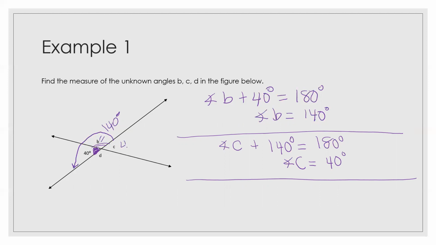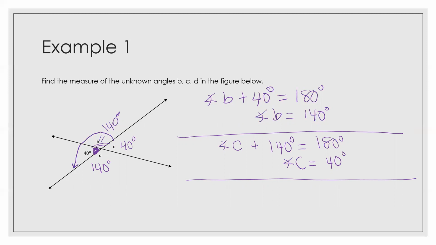That's this one right here, and that's 40 degrees. The same argument can be made to show that angle D is actually 140 degrees as well, because D plus C is a straight angle, right? So, what do you notice here?